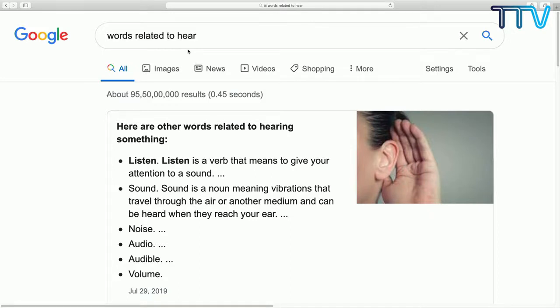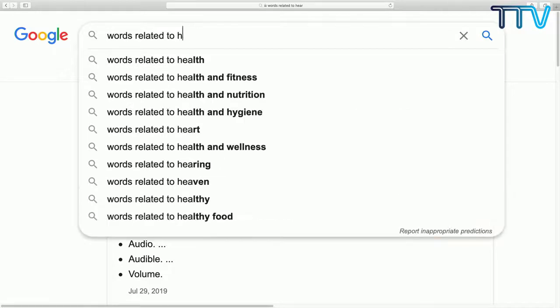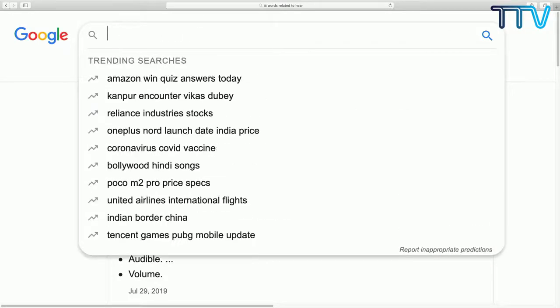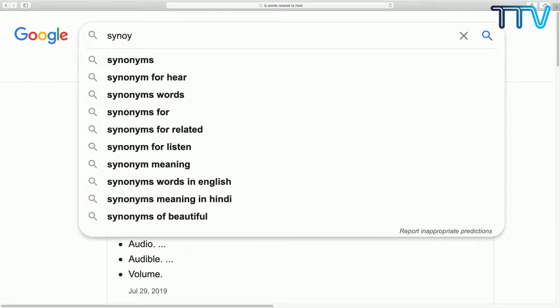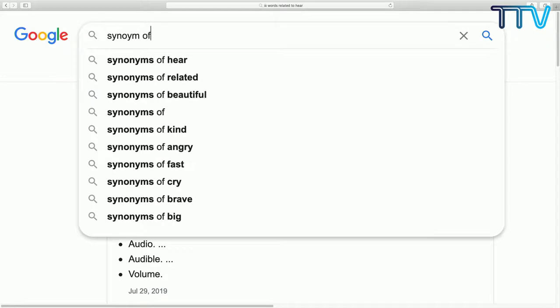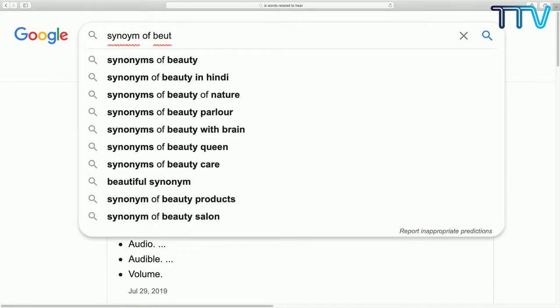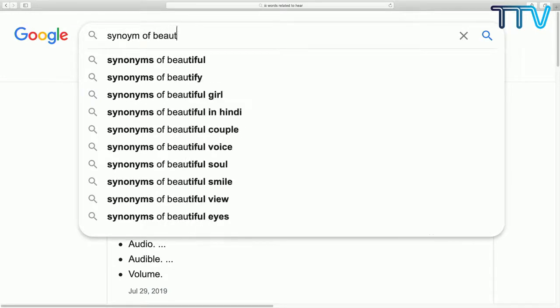For example, one more. Now if you know the word dirty, or for example, beautiful. Now, if you keep on writing the word beautiful again and again, your writing would not look beautiful. So, you just try to find the synonym of beautiful.